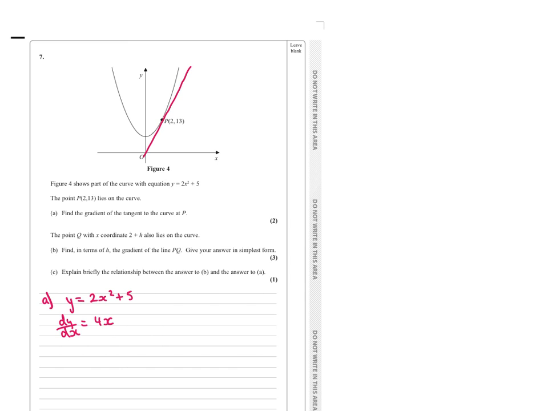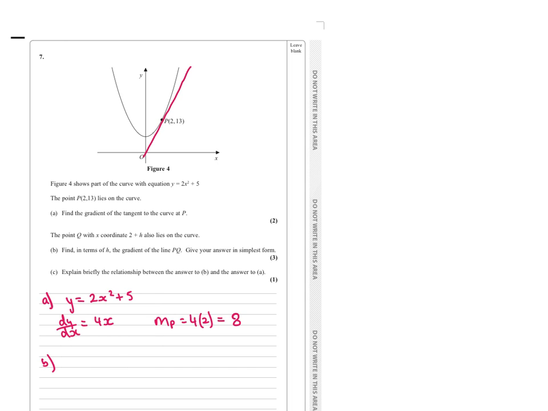So if the point P is (2, 13), I can substitute in at the point P, so the gradient at the point P is 4 lots of 2, which is in fact 8. So it says find the gradient of the tangent to the curve at P. Perfect. We've done that.